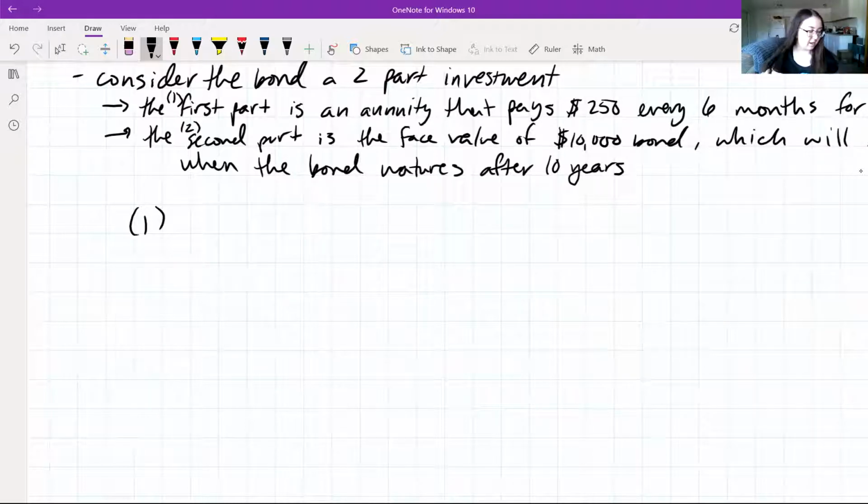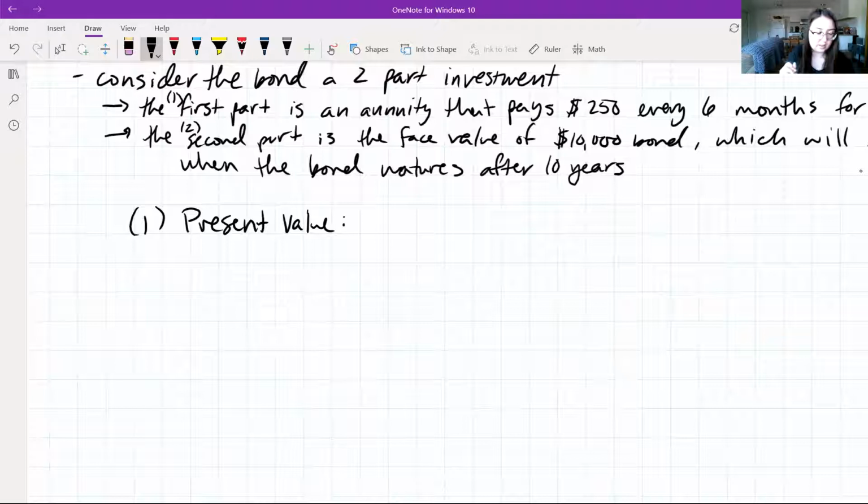So our first part here is we're finding the present value. We already know our equation, but in this case, we know R is going to be $250.